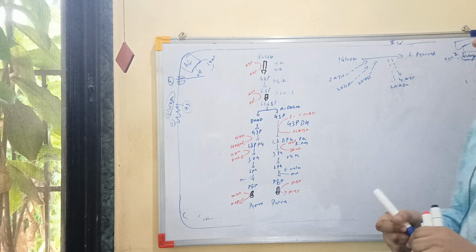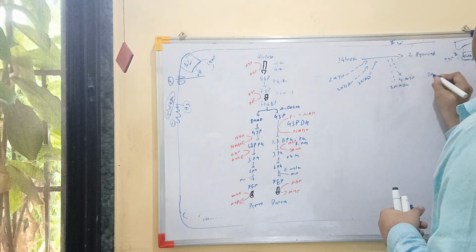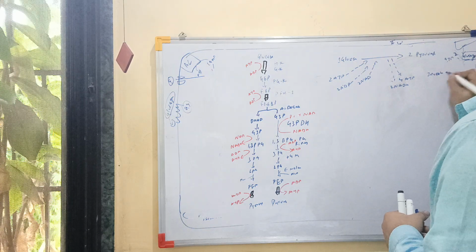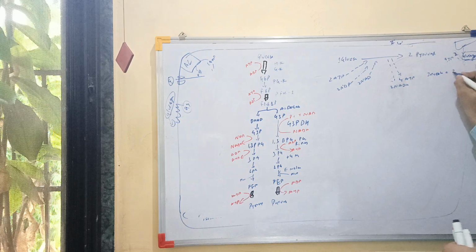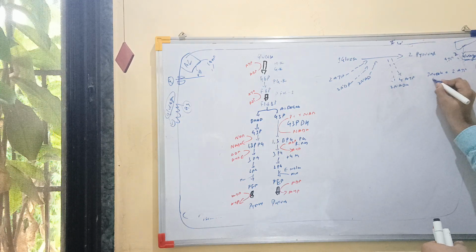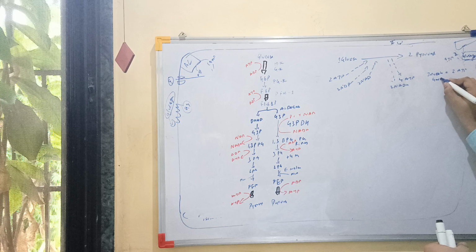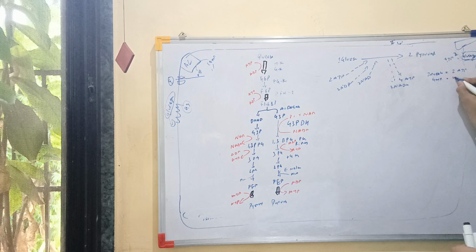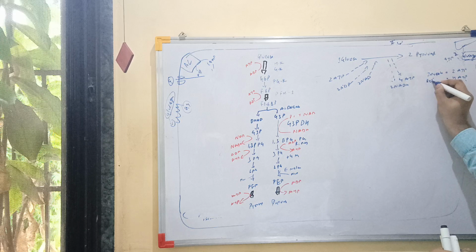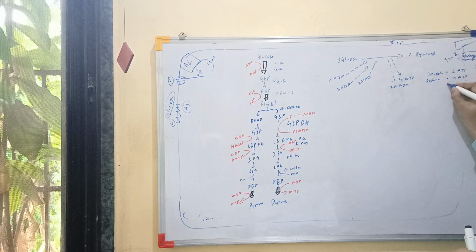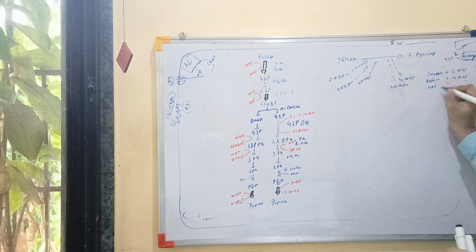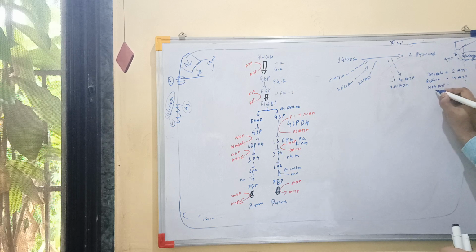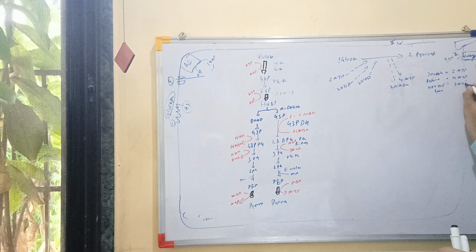I want to fit this in your mind very perfectly. Invested 2 ATP, gain of 4 ATP, or you can also call it return 4 ATP. So net profit, net ATP gain, is 2 ATP.